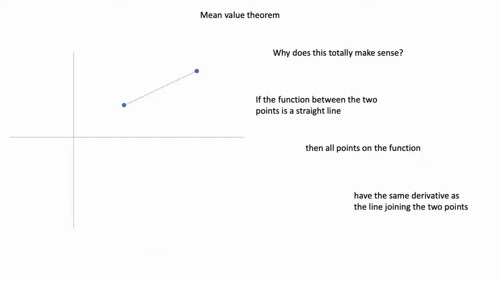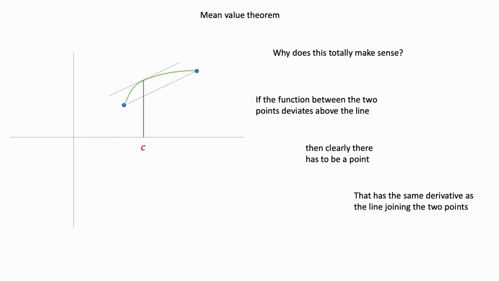And why does this totally make sense? Because if the function between the 2 points is just a straight line, then clearly all the points have the same slope as the line joining the 2 points. If you make your function a little bit above the straight line, clearly there has to be some point where the slope will be the same as the slope of this line.